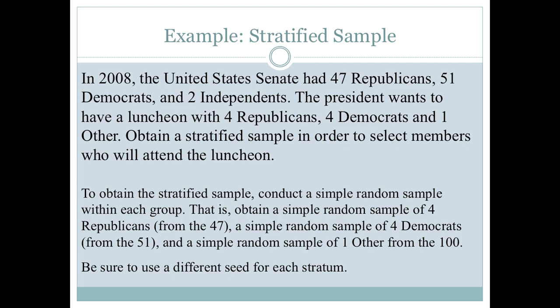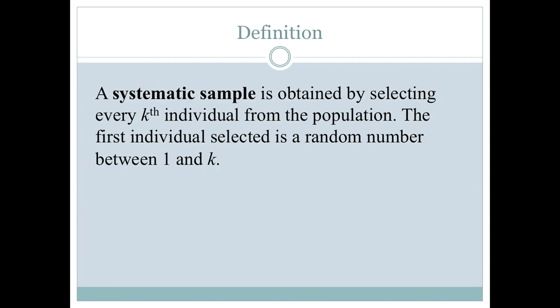So we would take the 47 Republicans and randomly select 4. We'd take the 51 Democrats and select 4, and we'd take the 2 independents and randomly select 1 person. Or I'm not sure if the others should be independent or out of everyone, but you get the idea. And we would use a different seed for each of the stratum that we're selecting from.